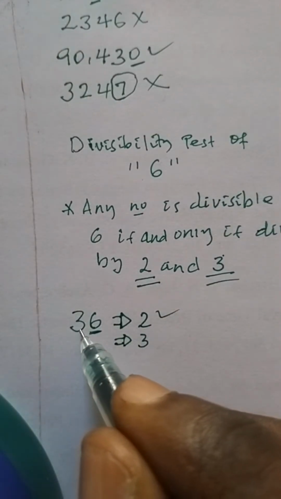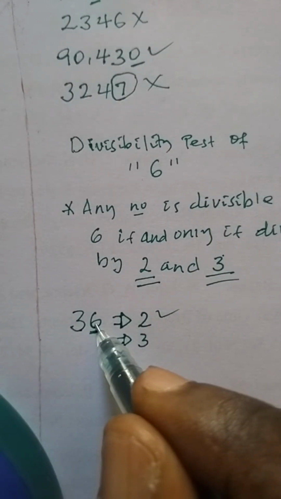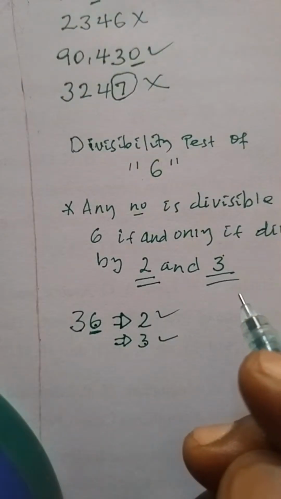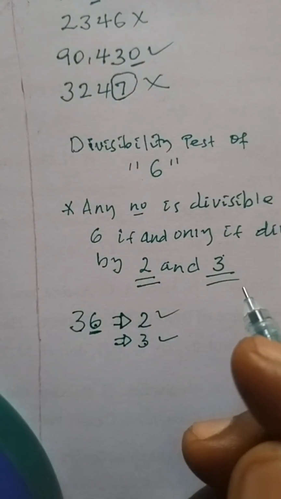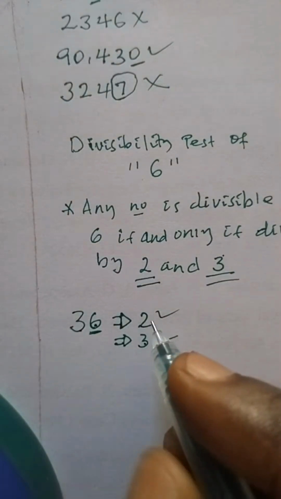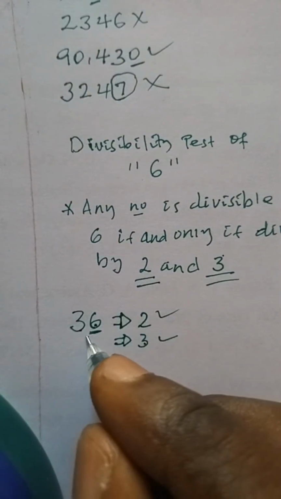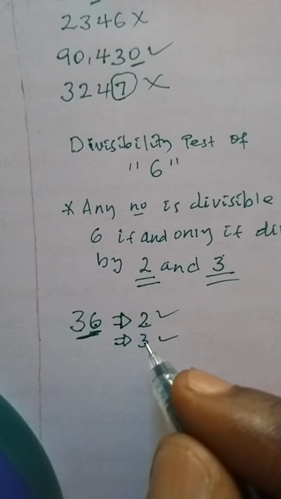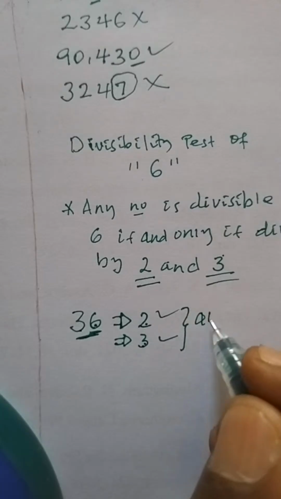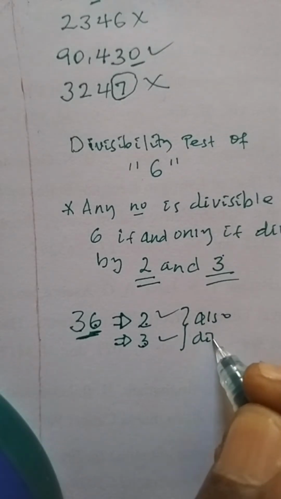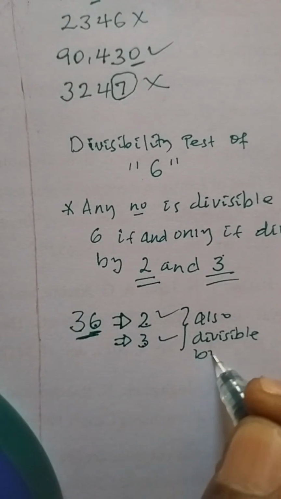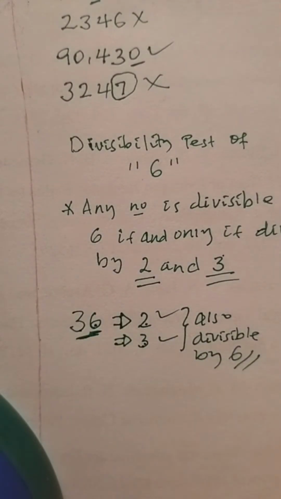Yes, because 3 plus 6 is 9, and 9 is divisible by 3. So this number is divisible by both 2 and 3. So if any number is divisible by 2 and 3, it is also divisible by 6. This is simple.